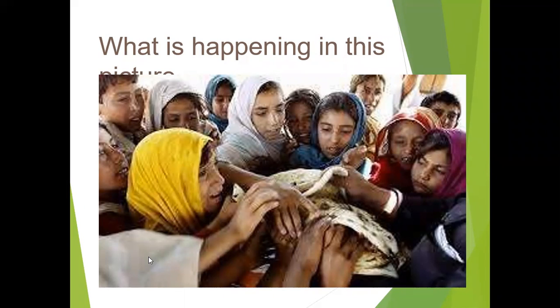Ma'am, this picture is just describing that poor people don't have food, and when they get something, everybody wants to have it. And there's a girl who's crying, she wants it. All right. So you can see innocent-faced children clad in rags and poor clothes.